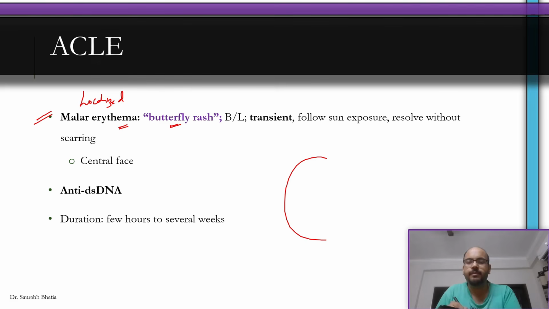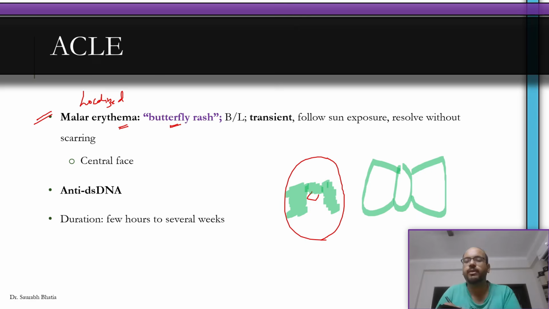Bear with me. In ACLE, what happens is involvement of the malar region, the bridge of the nose, and the other malar region, so it looks like a butterfly, and that is why it is known as a butterfly rash. Clear?